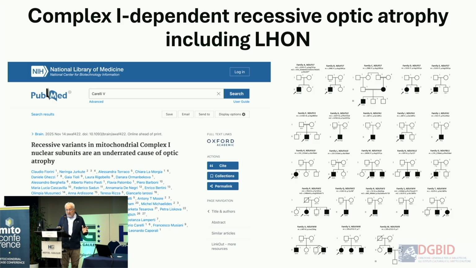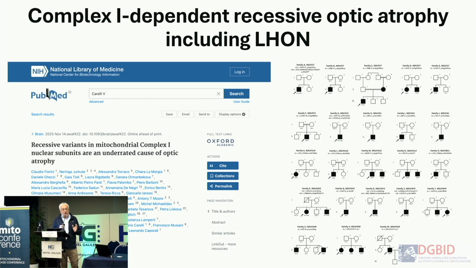And this is just, these days, still published online and needs to be, we don't have the proof yet, but we collected with a large consortium of people, many families, and we have, I guess, 10 different genes or something like that. All of them are subunit, nuclear encoded subunits of complex 1.